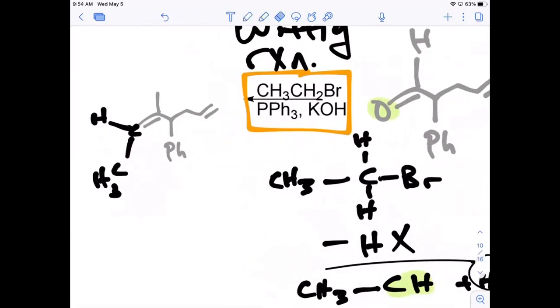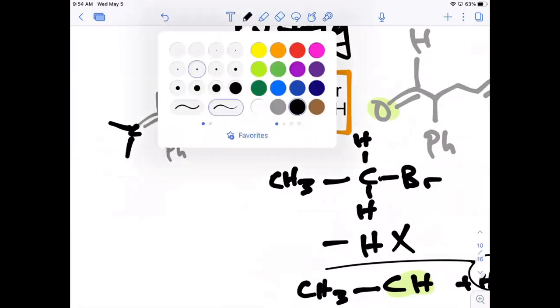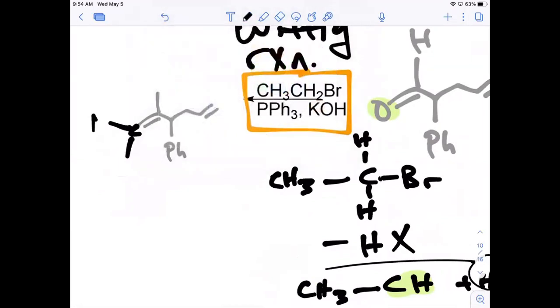Right. So we oxidized up the carbonyl, and then we did a Wittig. Right. And in the Wittig reaction, that actually converted the carbonyl into an alkene. Right. And it's always the oxygen that's going to get replaced.